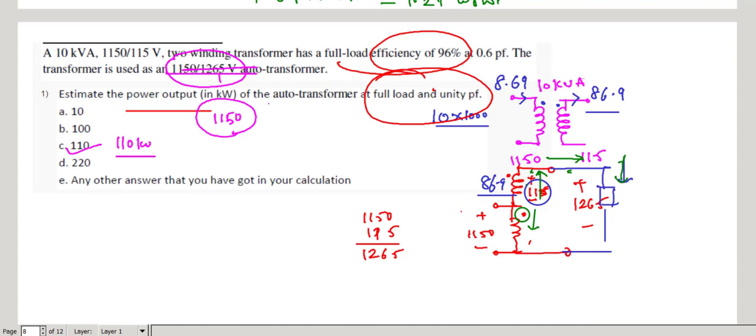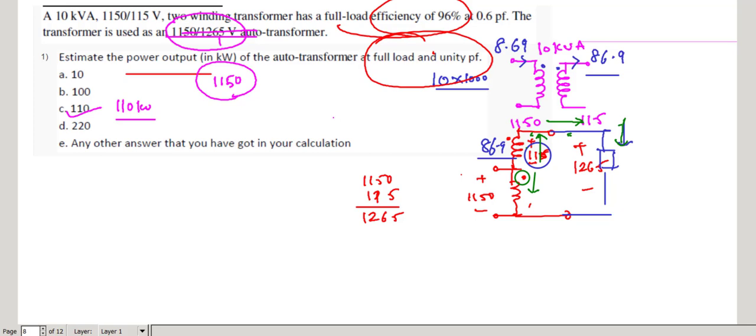Let's see here. He does not mention the secondary voltage of the auto transformer, so I don't know whether it is additive polarity or subtractive polarity.